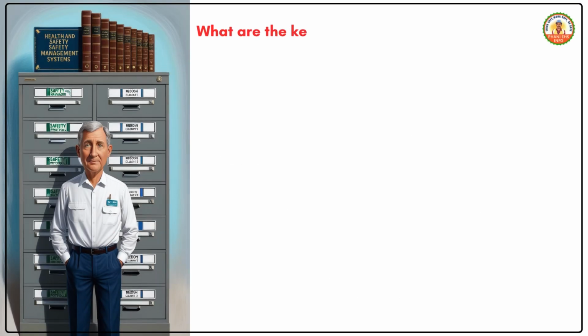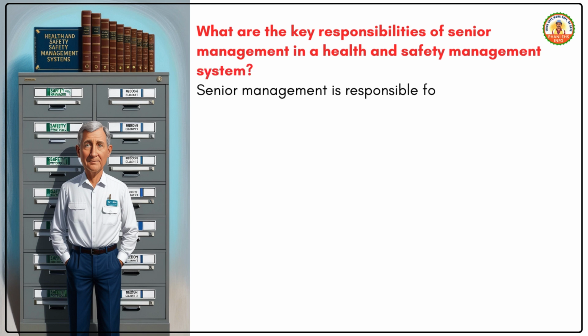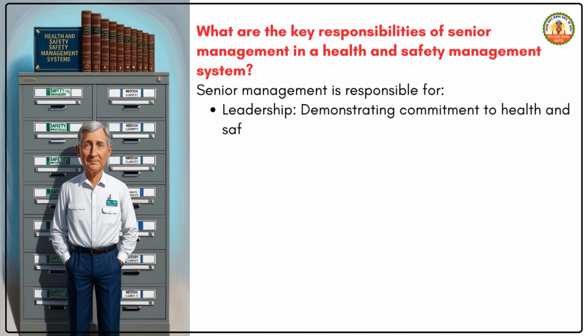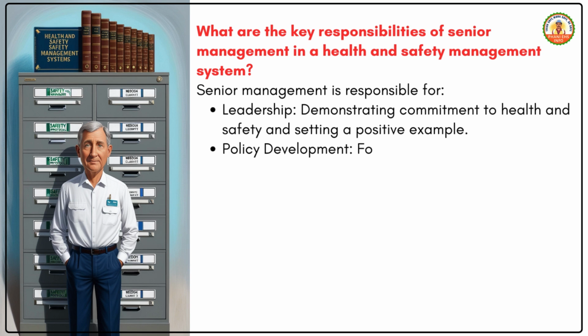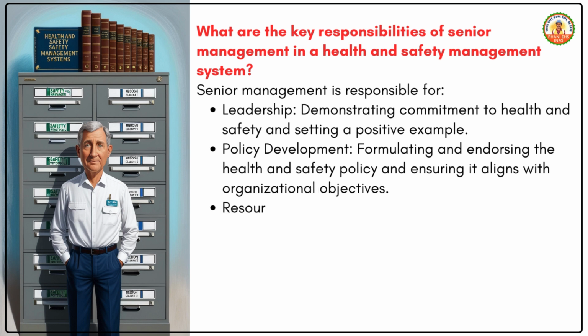What are the key responsibilities of senior management in a health and safety management system? Senior management is responsible for leadership, demonstrating commitment to health and safety and setting a positive example. Policy development, formulating and endorsing the health and safety policy and ensuring it aligns with organizational objectives.